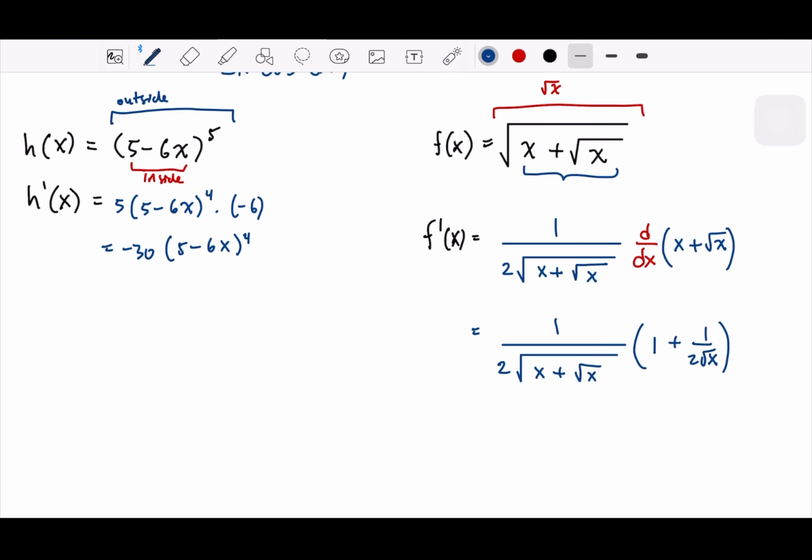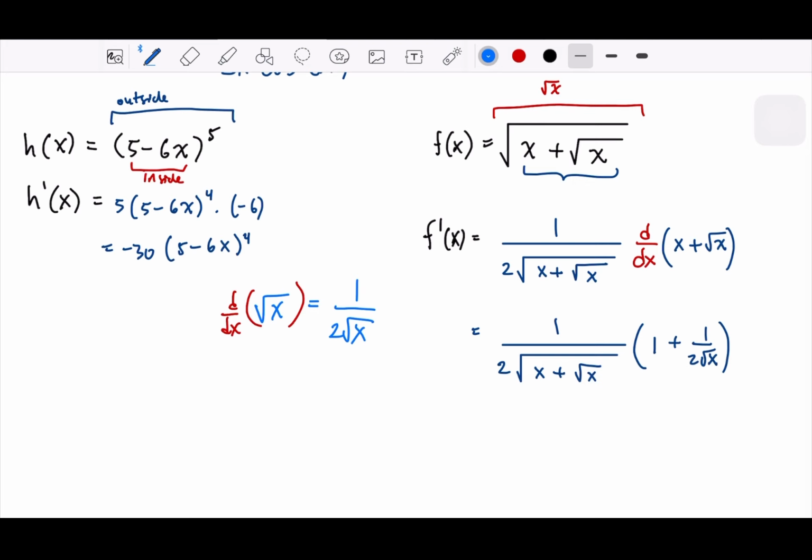Maybe questions. If you're not familiar yet with this square root, let me write something on the left. If you have square root of x and you take the derivative, this will be 1 over 2 square root of x.